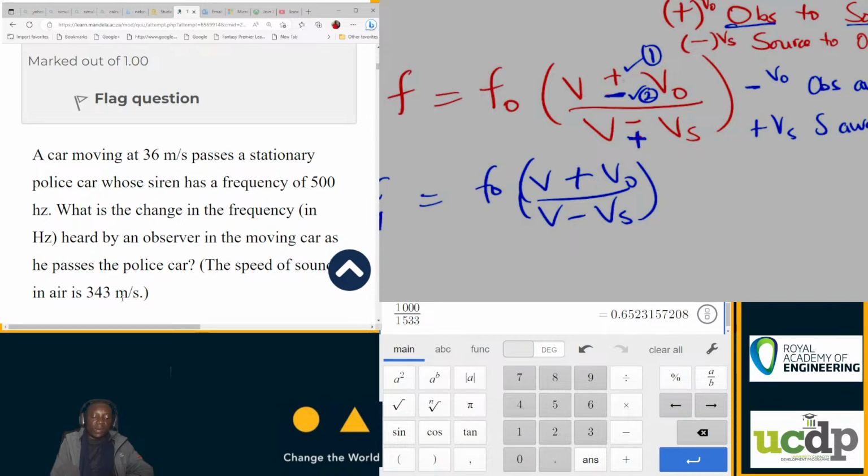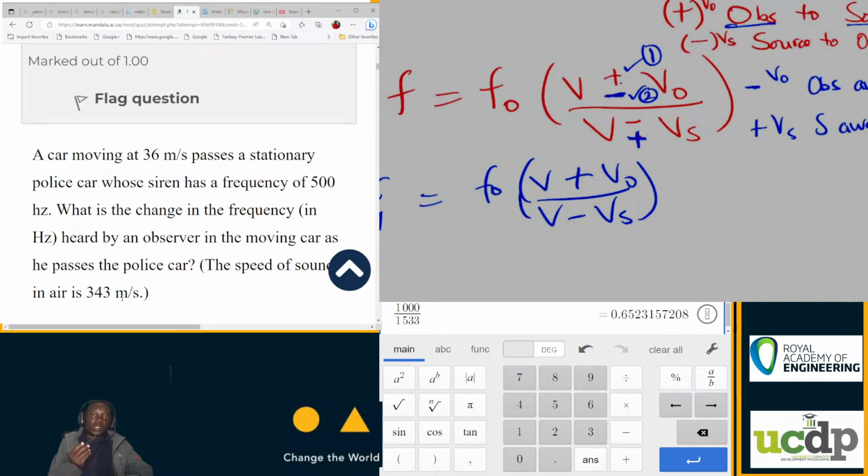So we have V plus V observer, which is a bigger number that increases the frequency above F naught. So as the observer approaches the source, the frequency increases. As the source also approaches the observer, the frequency would also increase.